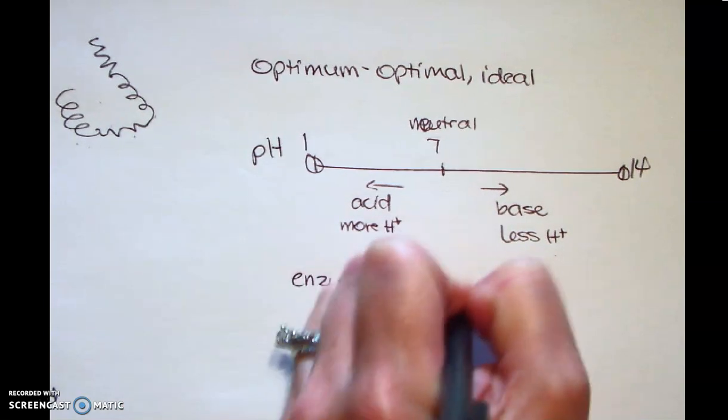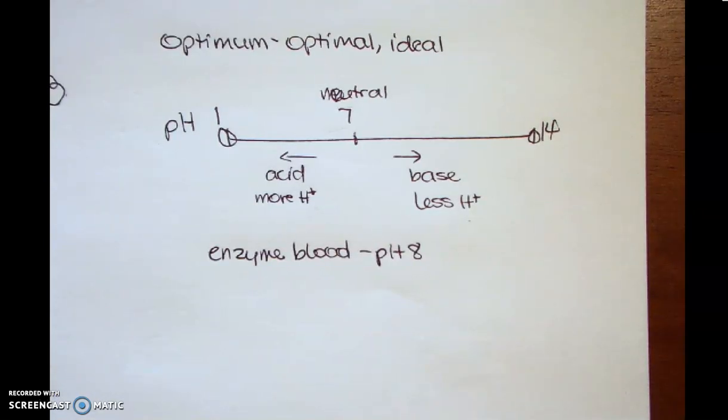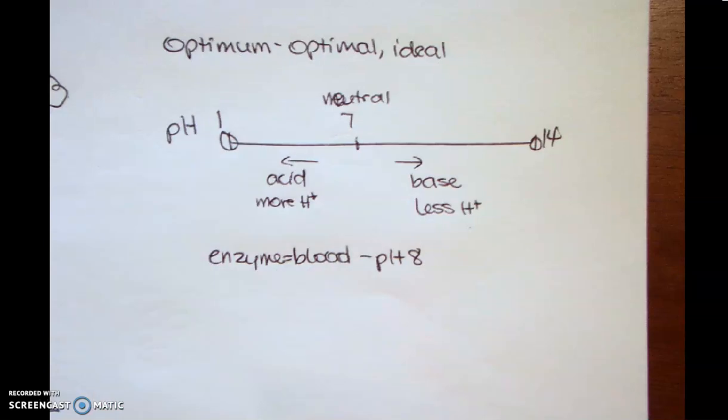Your blood has a pH of about 8, which is pretty close to neutral. Enzymes in your blood are going to need to be at that pH of 8. If you put them in a pH of 2, the increased hydrogen concentration, that acidity, is going to burn up, break up, however you want to say it, the bonds in the enzyme, and the enzyme is going to unfold.